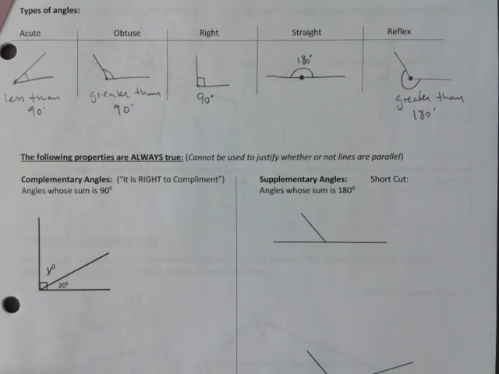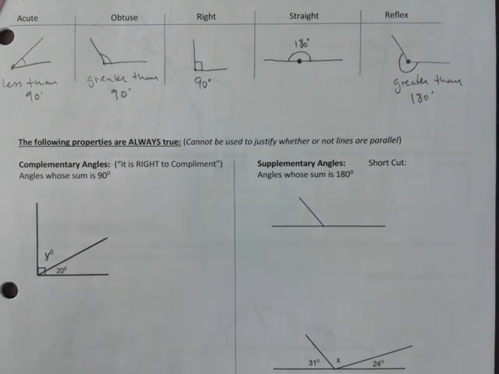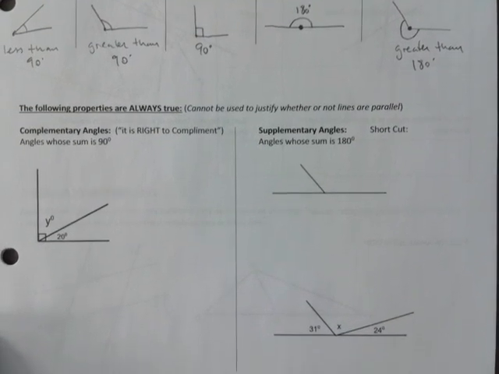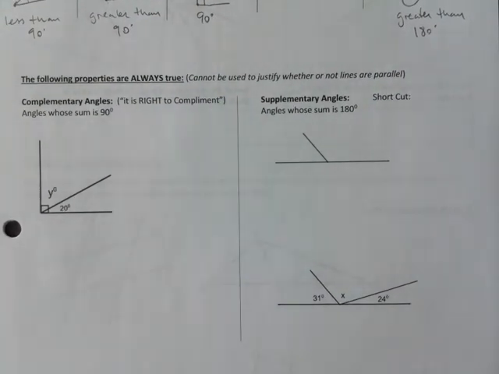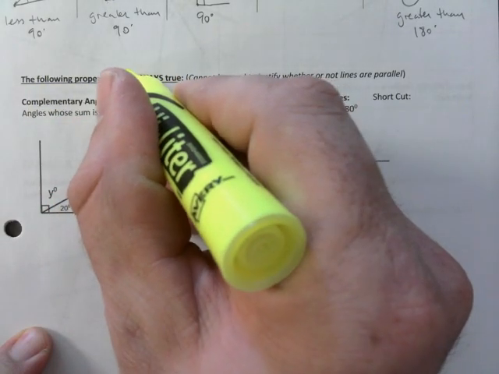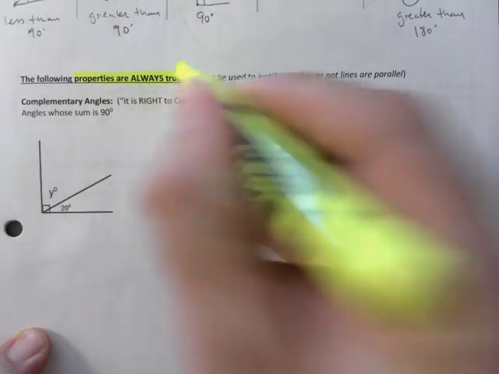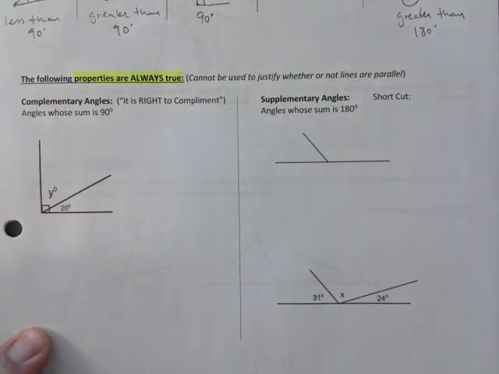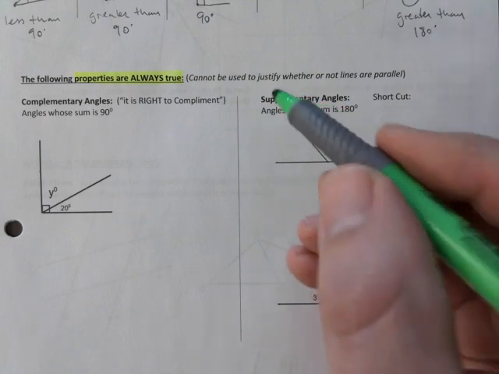And I'm going to introduce to you properties, guys, of angles, but these ones are always true. So these ones you can always use, but the ones I'm about to introduce you to are not always true. So, properties that are always true, but very big, cannot be used to justify whether or not lines are parallel.